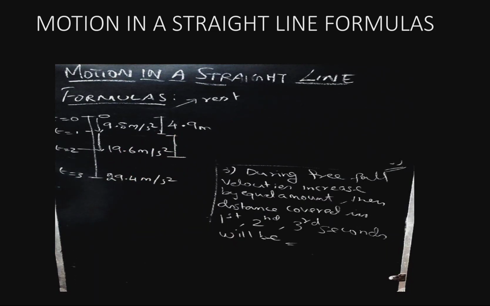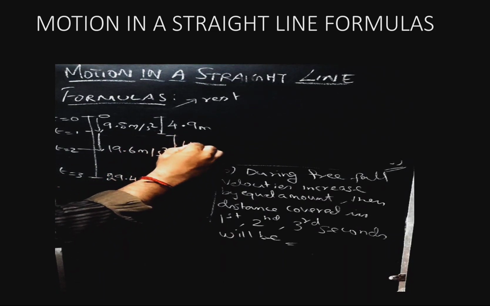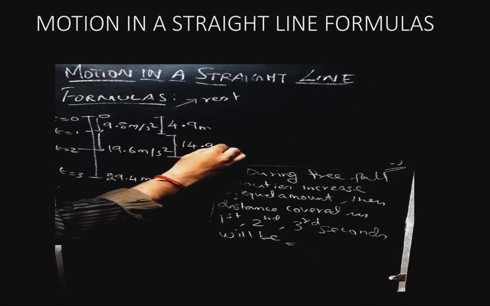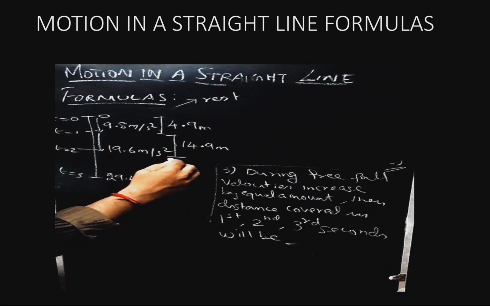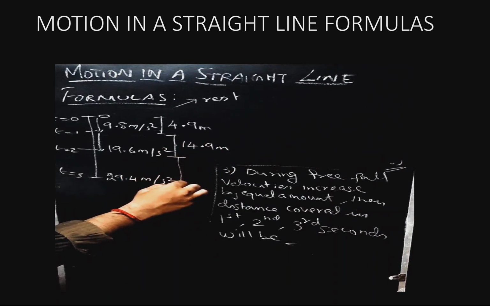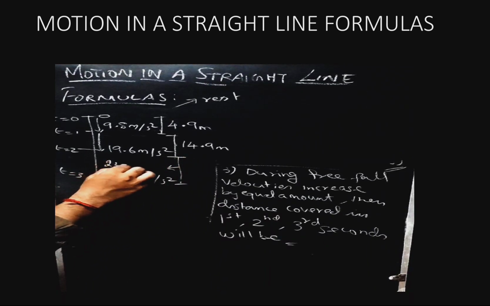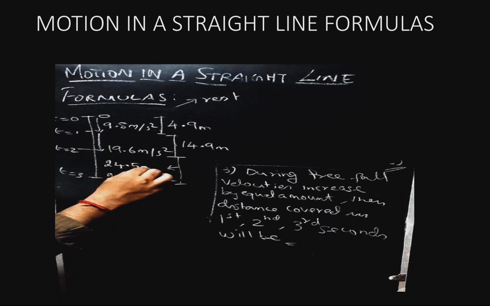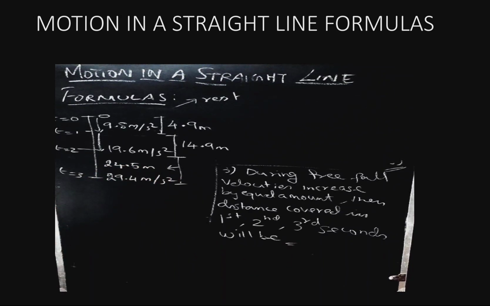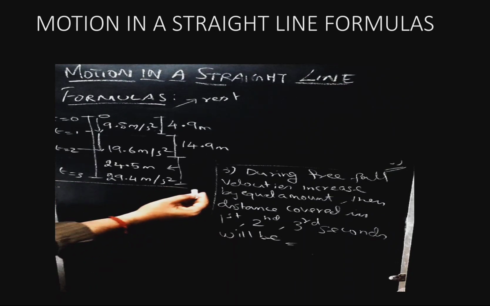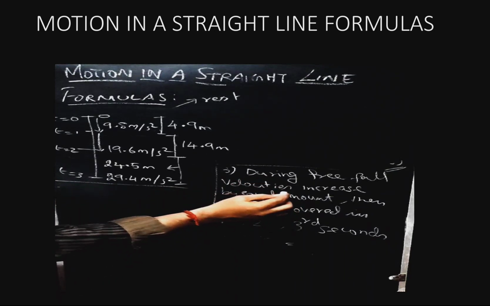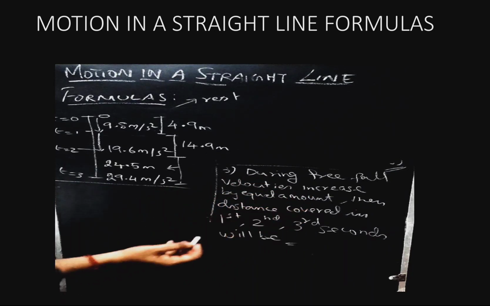So the first one is 4.9 meters, whereas the second one is 14.7 meters, and the third displacement is 24.5 meters. So these are the distances you should be keeping into account.